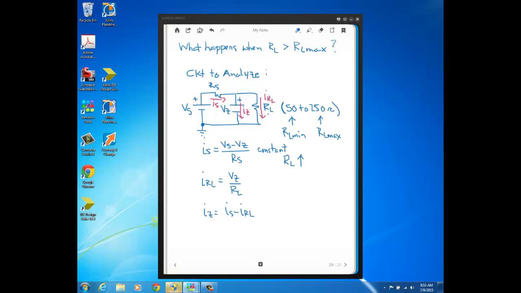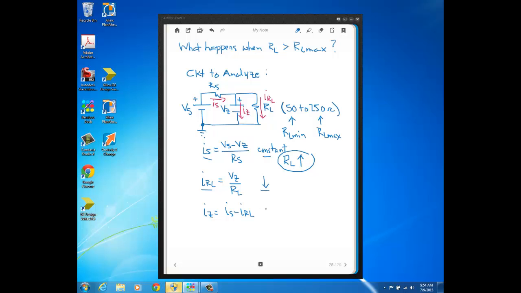Now IRL, clearly there's a dependency there on RL, and VZ is a fixed amount. So as RL increases, IRL is going to be decreasing. So IS is constant, and IRL is going to be decreasing as RL is increasing.